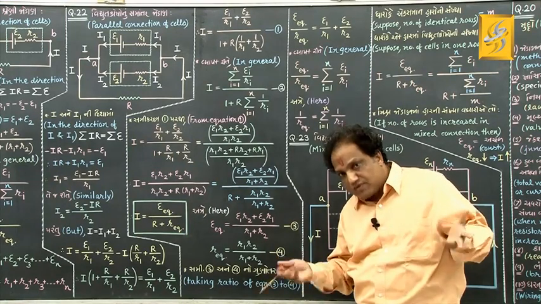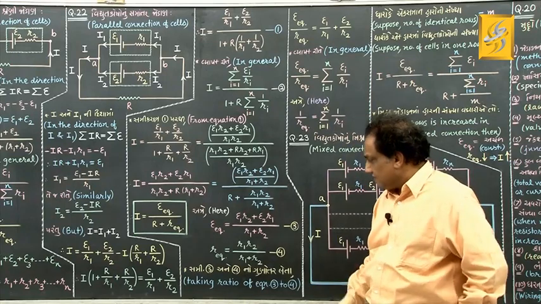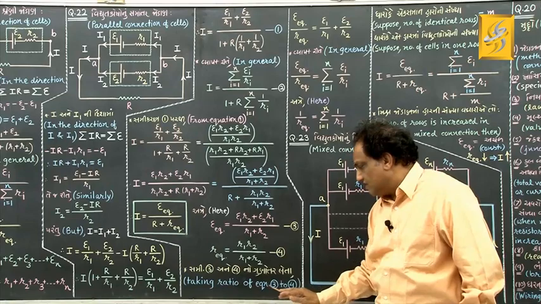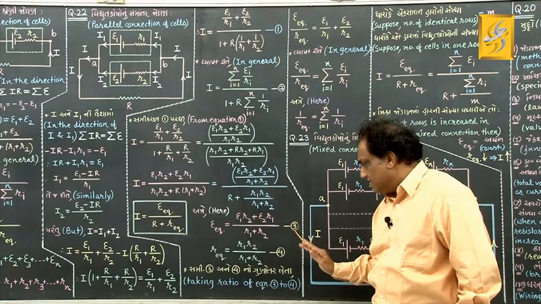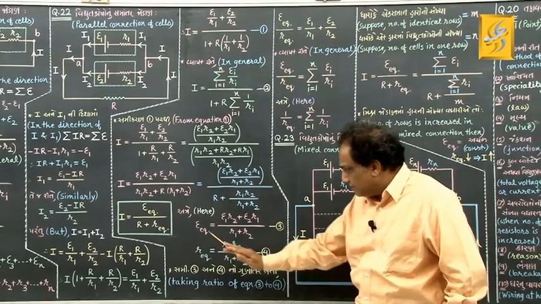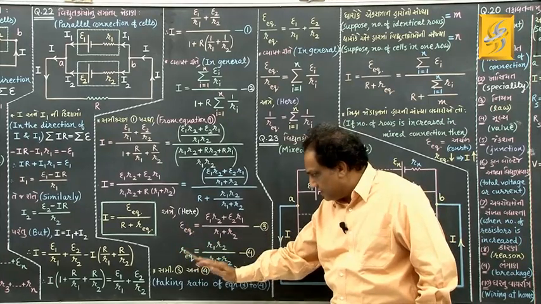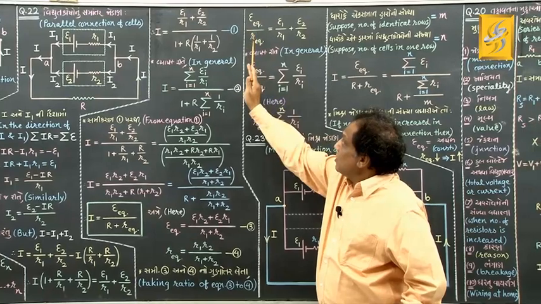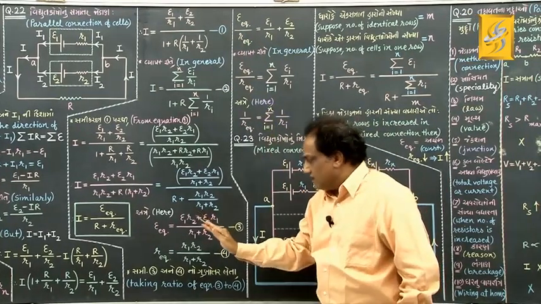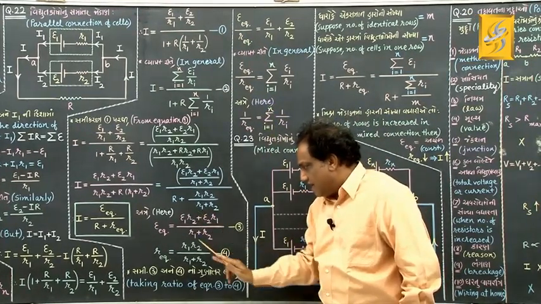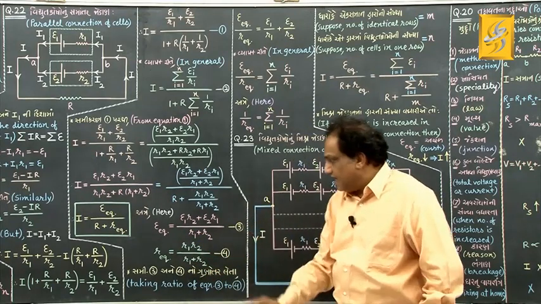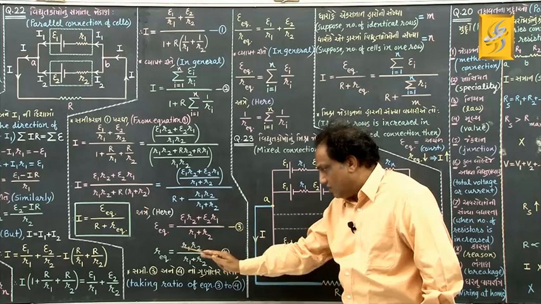What about n number of cells? I am showing you. Just take now ratio, taking ratio of equation 3 to equation 4, this upon this, correct. Look here, EEQ upon REQ. But when you take this upon this, on right hand side, R1 plus R2 will get cancelled, then left is this upon this.